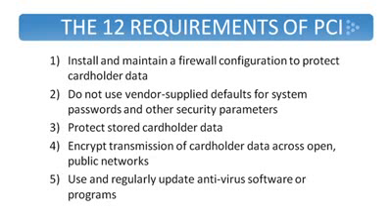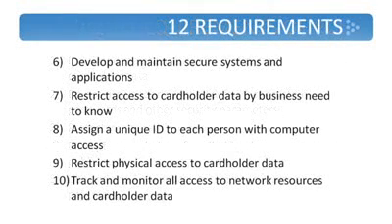Install and maintain a firewall configuration to protect cardholder data. Do not use vendor-supplied defaults for systems, passwords, and other security parameters. Protect stored cardholder data. Encrypt transmission of cardholder data across open public networks. Use and regularly update antivirus software or programs. Develop and maintain secure systems and applications.